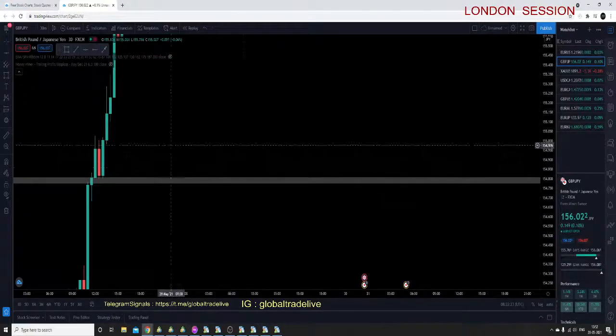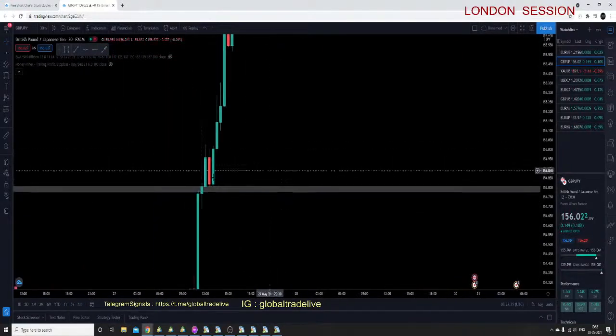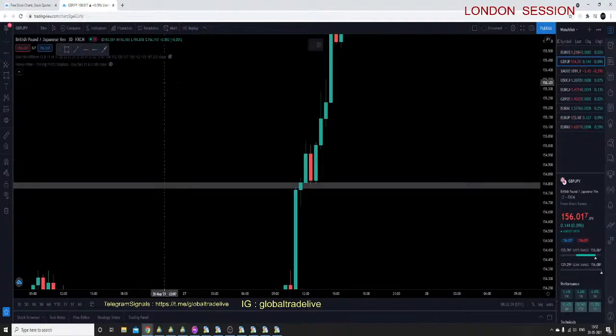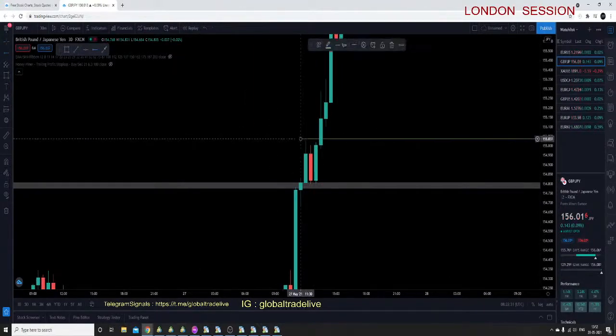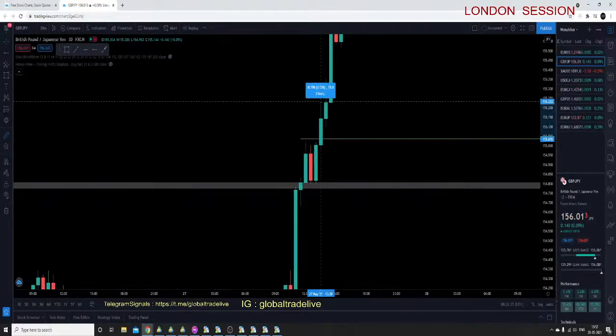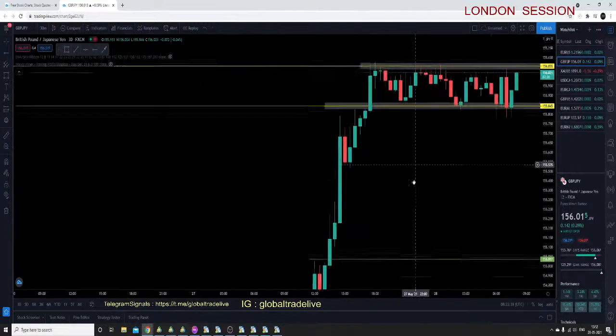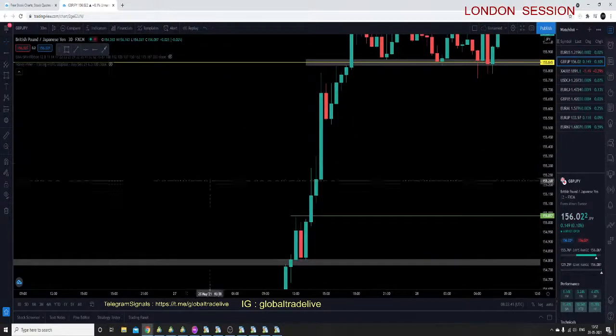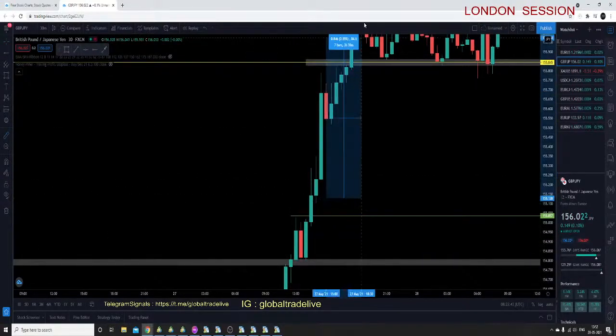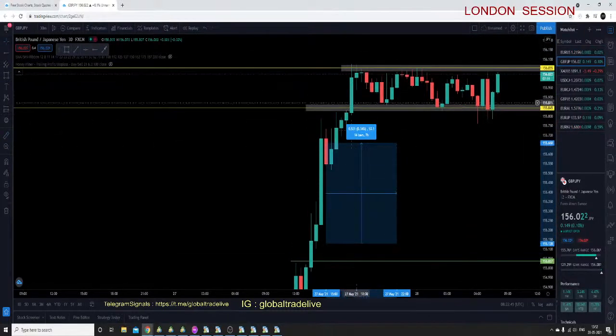So when this candle reversed back and closed bearish, I was waiting for a candle to break above this area over here. And when the next candle broke above this area, I just booked 10 pips, and it went all the way up. It went, I think, 60-70 pips more up from my trade. Almost 80-90 pips.